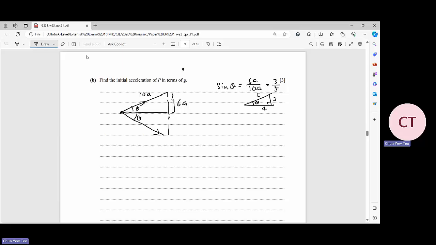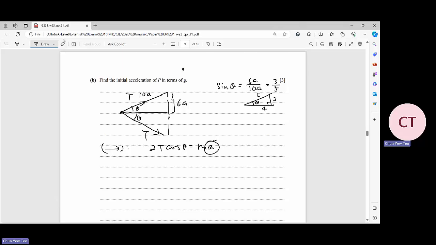So if you consider the forces horizontally, you will have 2T cos theta. This is the tension T. They must have equal tension because it's the same string and it's the midpoint. So 2T cos theta will be equal to ma, where a is acceleration.